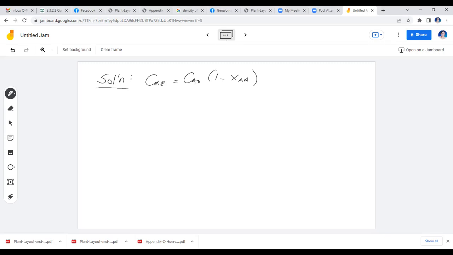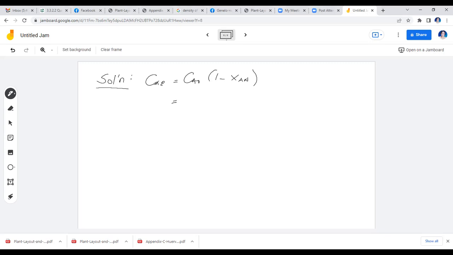Now this is comparable to the formula that we have when we're still talking about kinetics, that the final concentration is equal to the initial concentration times the part that hasn't reacted. So the part that hasn't reacted is 1 minus the part that has been converted. So this is the formula. It's just like CA equal to CA0 times 1 minus XA. In this case, we determine CA2, the concentration leaving the last reactor, based on the initial concentration provided and the overall conversion. And we have all of this.